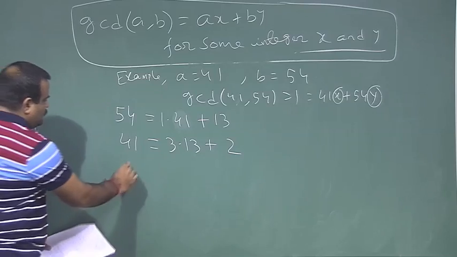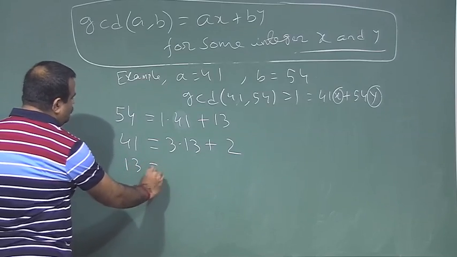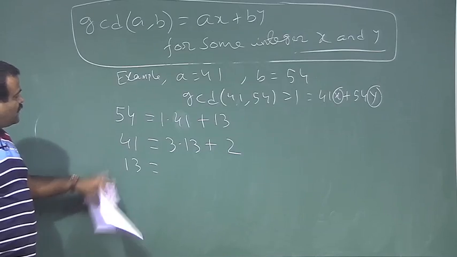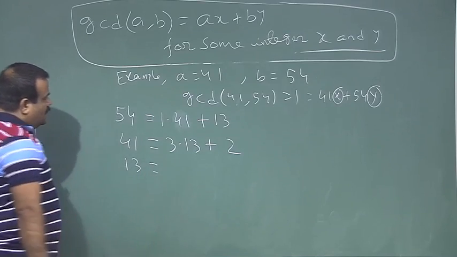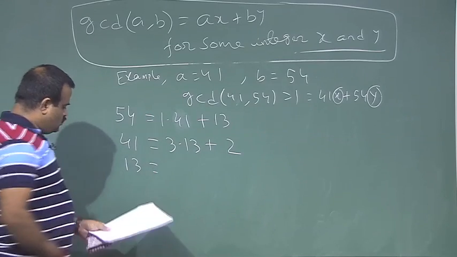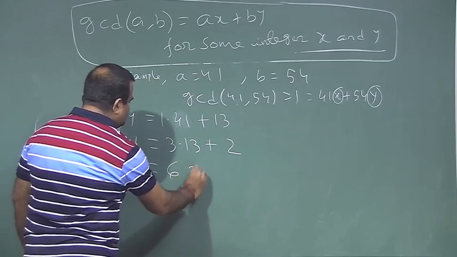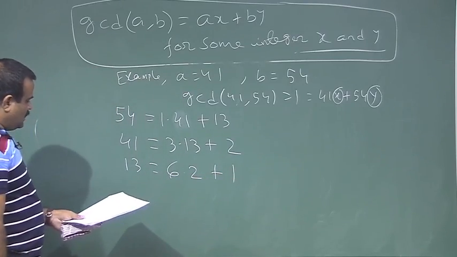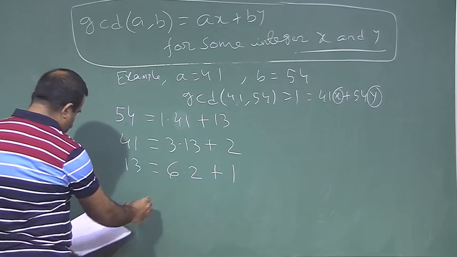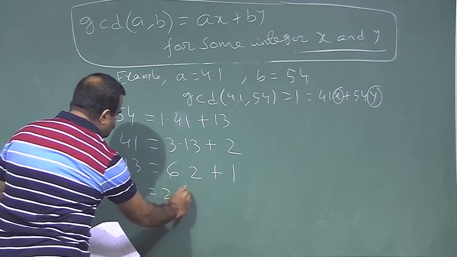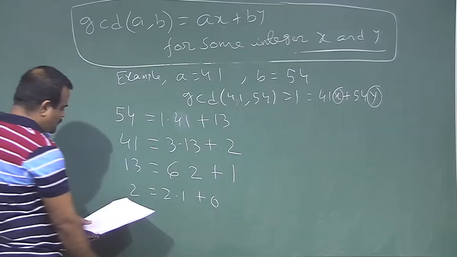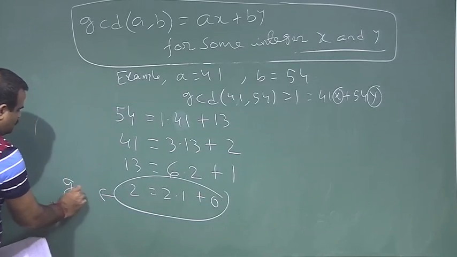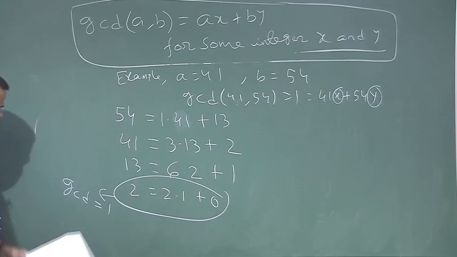Now we find the GCD of 13 and 2. This is 6 into 2 plus 1. Now we find the GCD of 2 and 1, which gives 2 into 1 plus 0. So this last step tells us the GCD is 1.